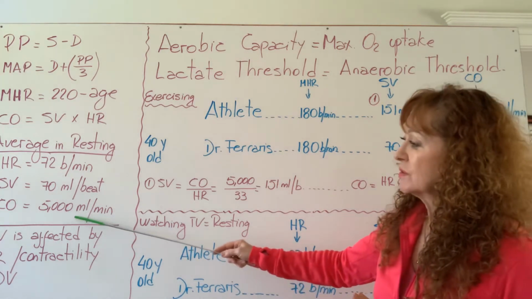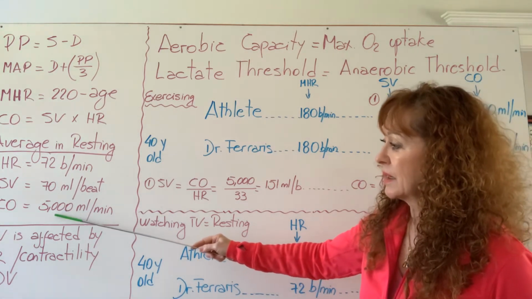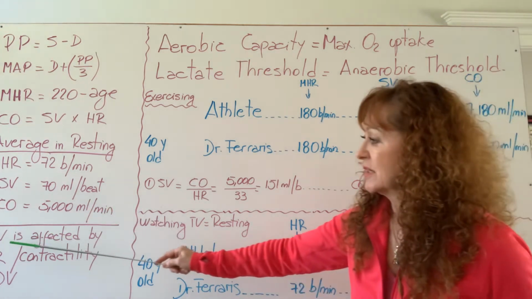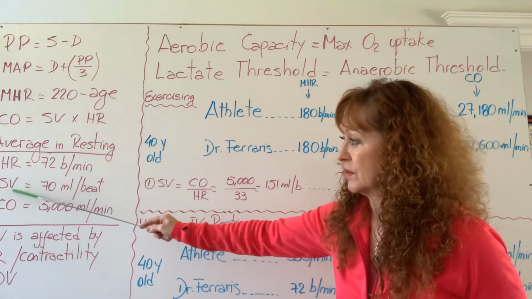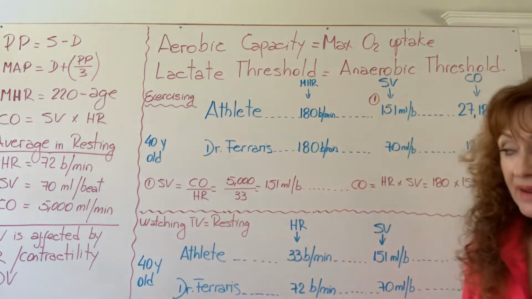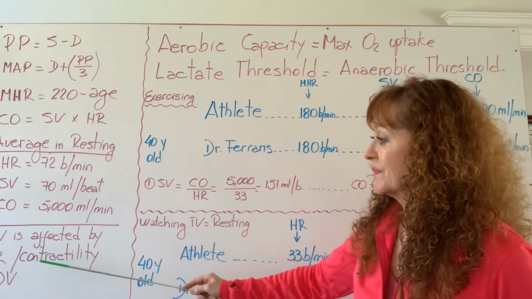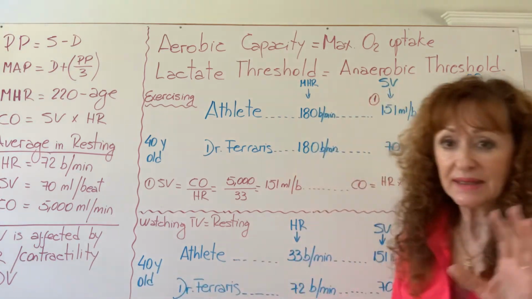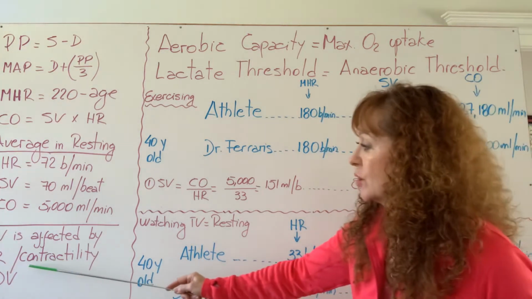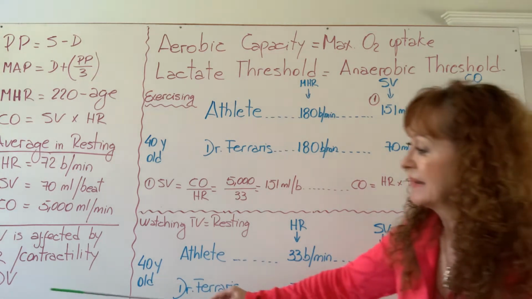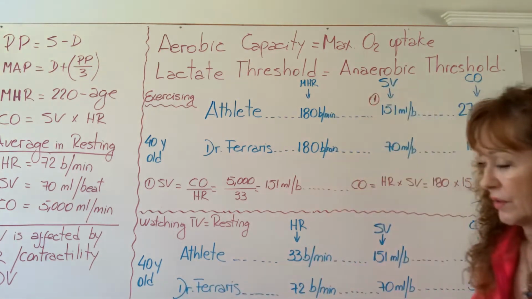You also have to consider that the stroke volume is affected by other values: the peripheral resistance that we mentioned before, the contractility or strength of contraction, and the end diastolic volume.